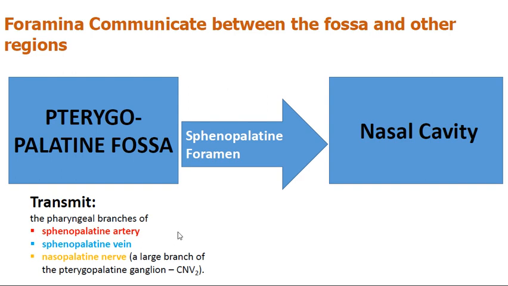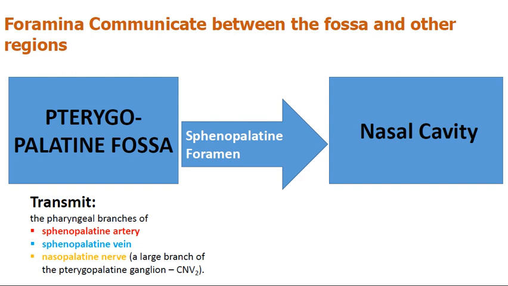and it is regarded as one of the important sources of bleeding from the nose. Now the sphenopalatine vein also is another structure passing from the nasal cavity to the pterygopalatine fossa in a reverse way, draining the blood of the nasal cavity. And the nasopalatine nerve, which is an important sensory nerve, is regarded as one branch from the pterygopalatine ganglia.